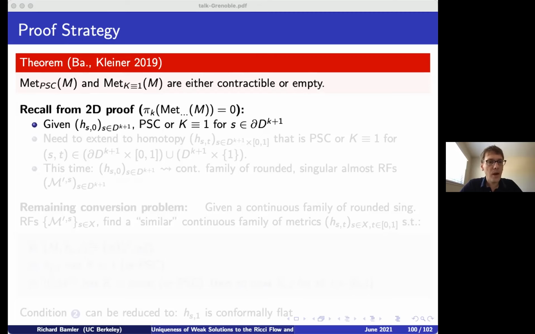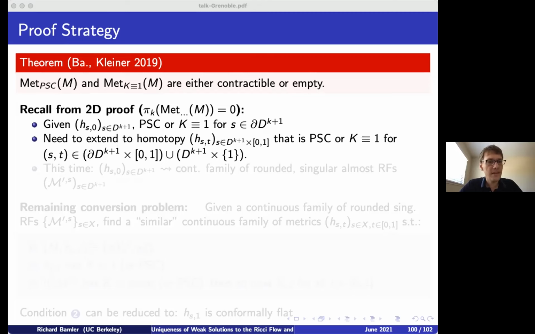And so now our hope is to extend these maps to some kind of homotopy. And in dimension 2, essentially the idea was to say, well, this is the initial condition to some kind of Ricci flow, modulo rescaling and reparameterization. So t is essentially the time parameter of the corresponding Ricci flow. And well, what does this Ricci flow do? Well, for time t equal to 0, we have the initial metric.